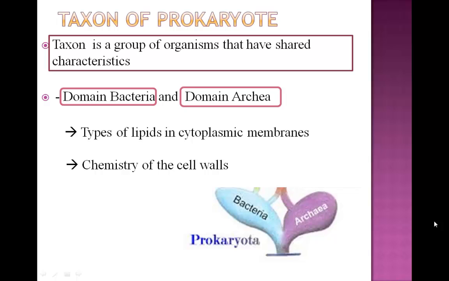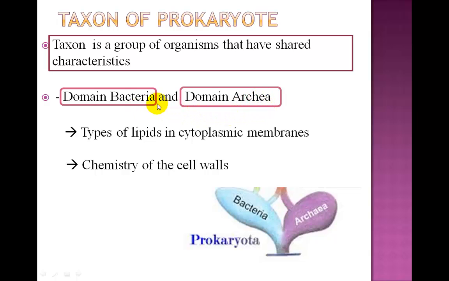Now that we have studied the characteristics, let us move on to the taxon. Taxonomy is the science of classification of organisms, and a taxon is a category or a group of organisms that have shared characteristics. So, in the classification of organisms, prokaryotes are found in two main groups or domains, the domain Bacteria and the domain Archaea.